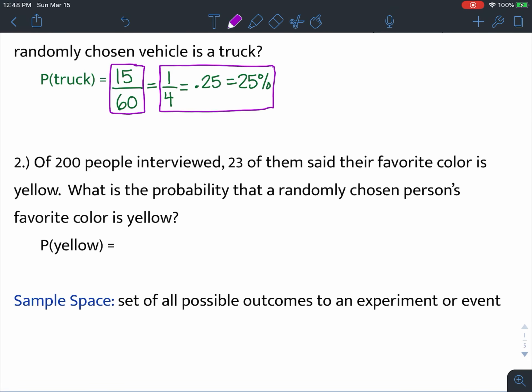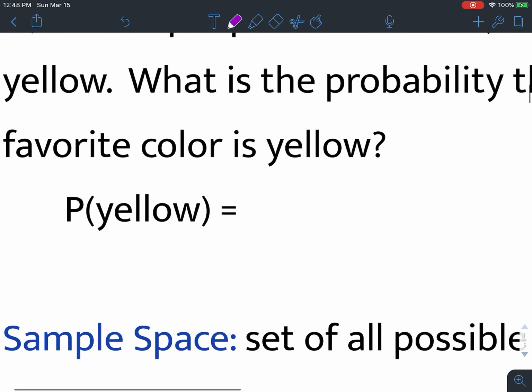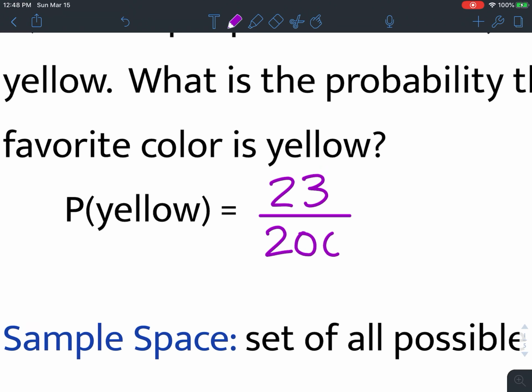Of 200 people interviewed, 23 of them said their favorite color is yellow. What is the probability that a randomly chosen person's favorite color is yellow? Well, of the people who were surveyed, how many liked yellow? 23. And how many people were surveyed altogether? 200.